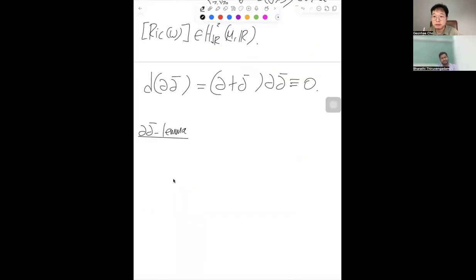This lemma fails for non-compact manifolds in general. And this is a consequence of Hodge theory.